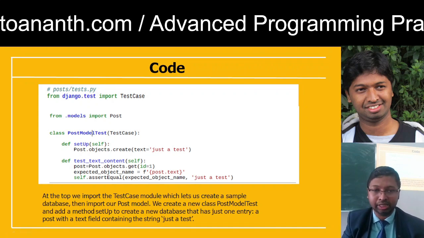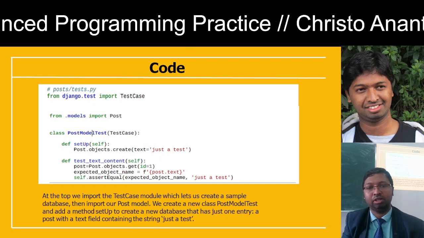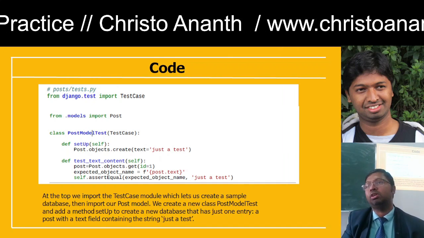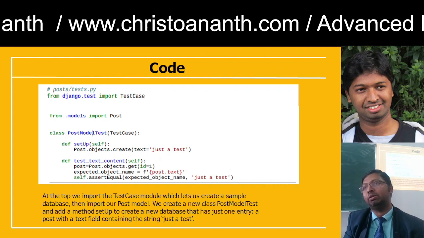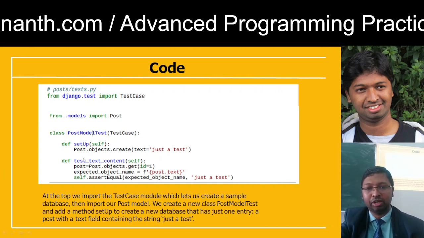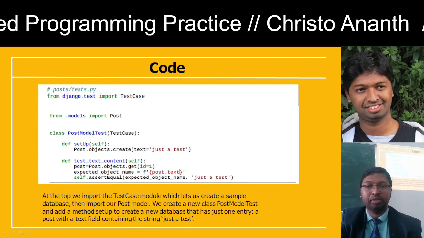Then within test_text_content, you will have post equal to Post.objects.get, you are going to specify the id, and the expected object name you are going to specify as f, and finally self.assertEqual, you are going to check whether the tests are performing correctly or not. So expected object name, just a test, that is what it is going to specify.